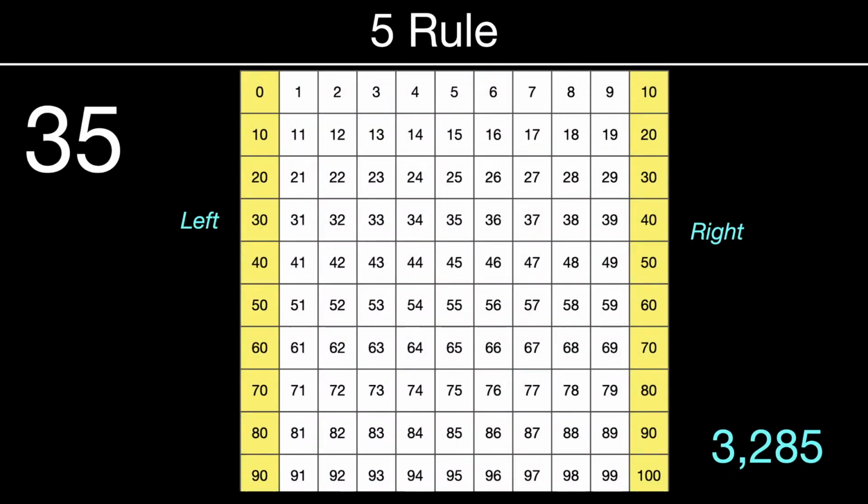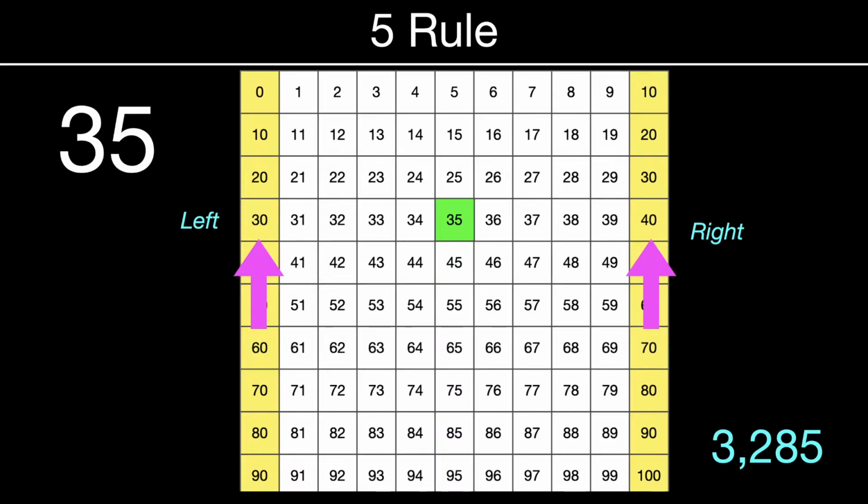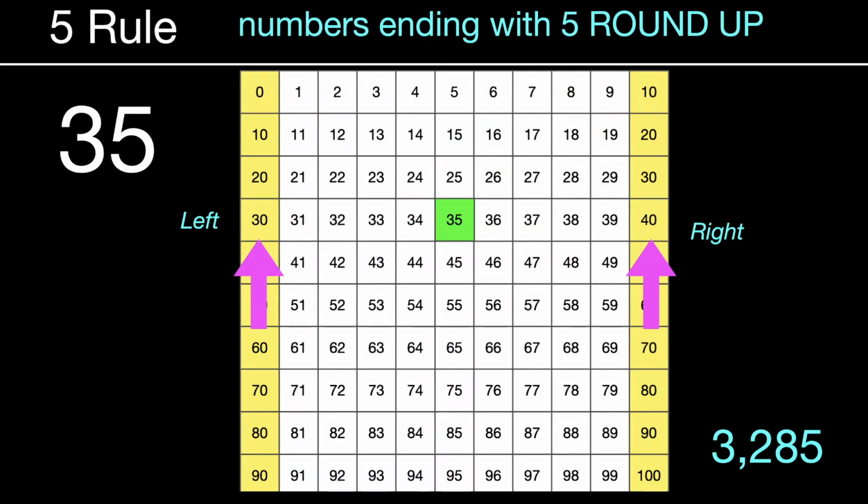The 5 rule: for example, if we have a number like 35, and notice that's in between 30 and 40, it's exactly the same number of spaces to the left or to the right. So the question is, which one should we pick? Well, the 5 rule says that numbers that end with 5 will round up.